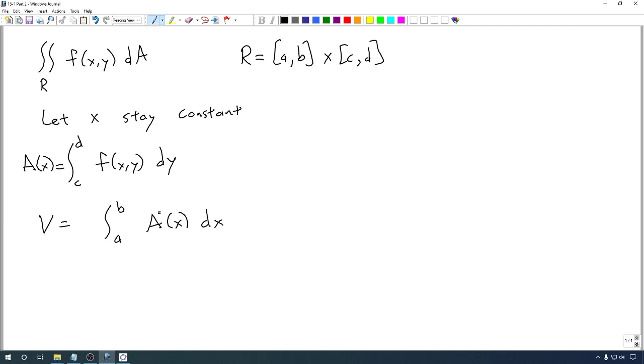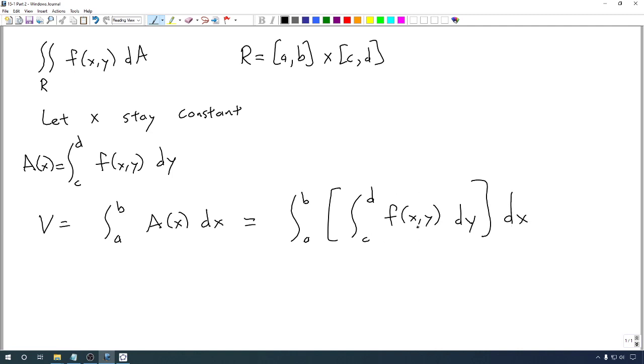Of course, A of x is this integral. So really what we're doing is we're taking the integral of an integral. This first integral integrates over y and ends up only leaving x's in there.